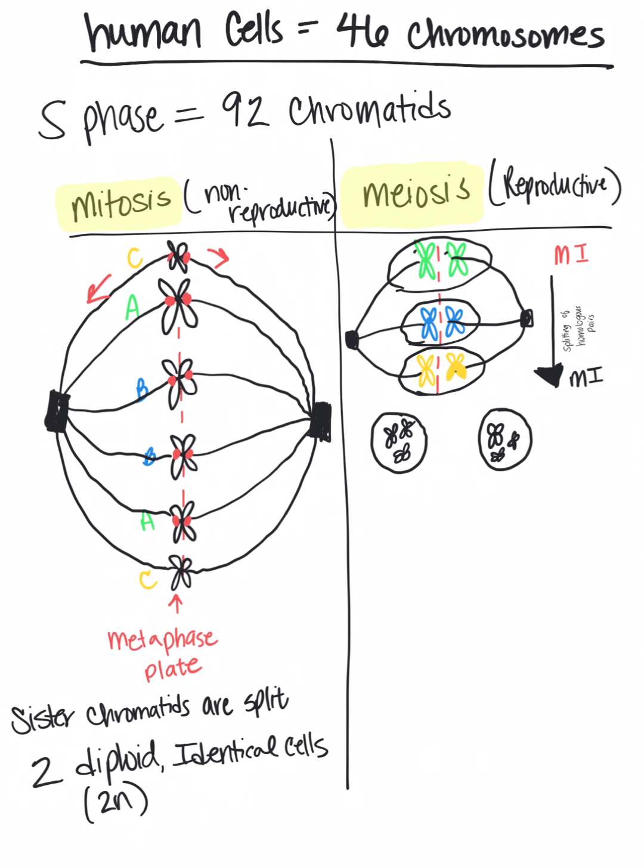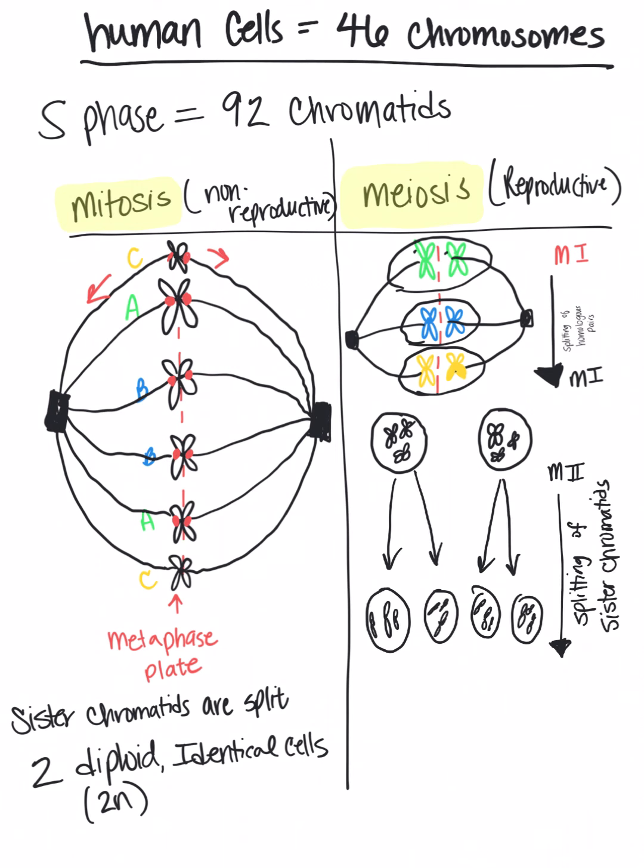Right at the end of meiosis 1, there's no interphase and thus no S phase for the DNA to get copied again. Instead, the two daughter cells are going to go immediately into meiosis 2. And during meiosis 2, we are now going to pull apart the sister chromatids of the chromosomes in each daughter cell.